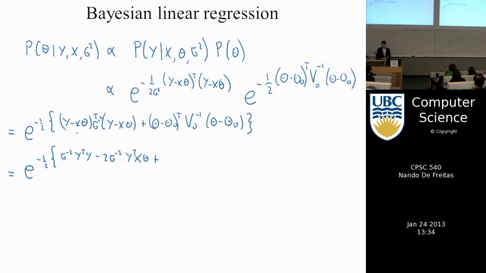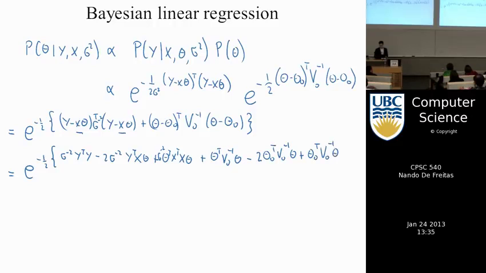And then I have the quadratic term when I multiply this times this, and that's just theta transpose x transpose times sigma minus 2 x theta, plus theta transpose v naught minus 1 theta, minus 2 theta naught transpose v naught minus 1 theta, and then finally plus the last term, which is theta naught transpose v naught minus 1 theta naught. Okay?